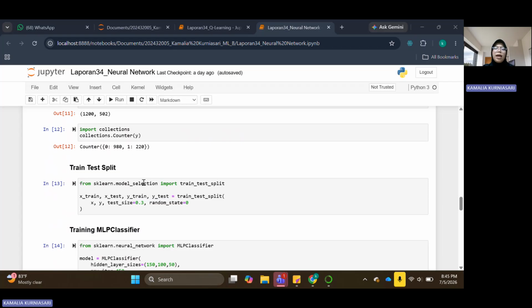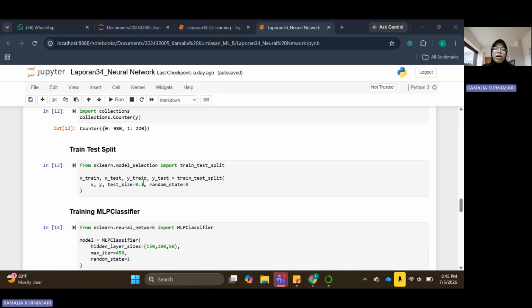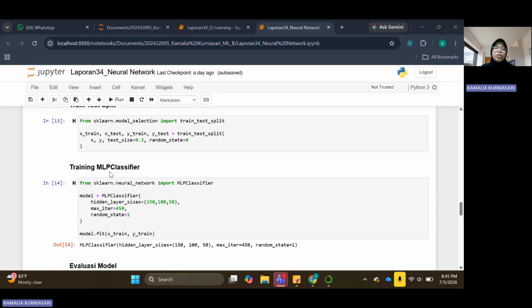And for model training, I used MLP classifier, which stands for multi-layer perceptron classifier, and the model architecture consists of an input layer, 3 hidden layers with 150 neurons, and an output layer for binary classification.